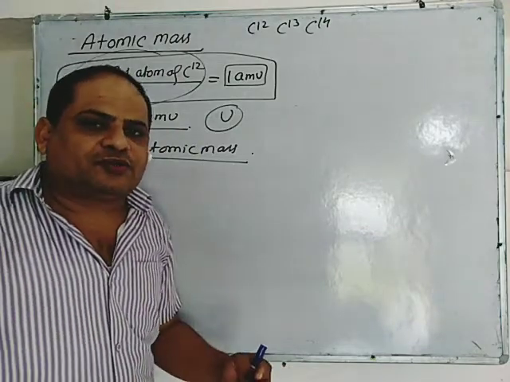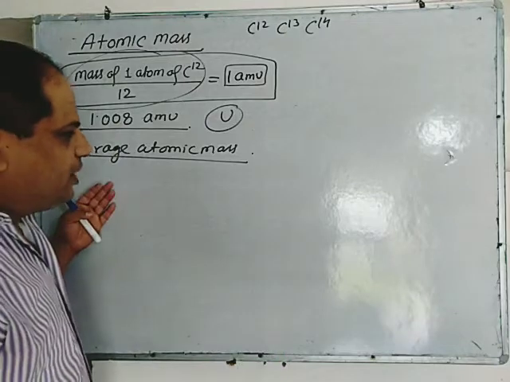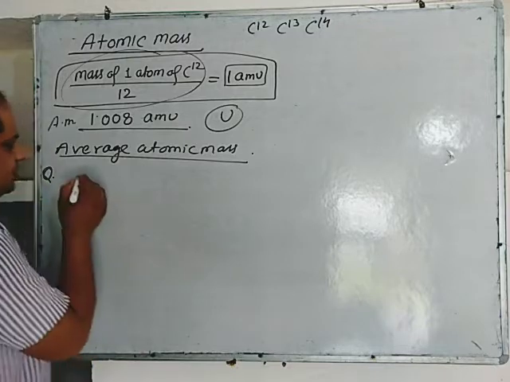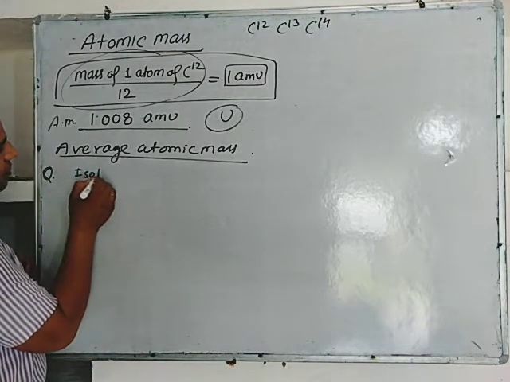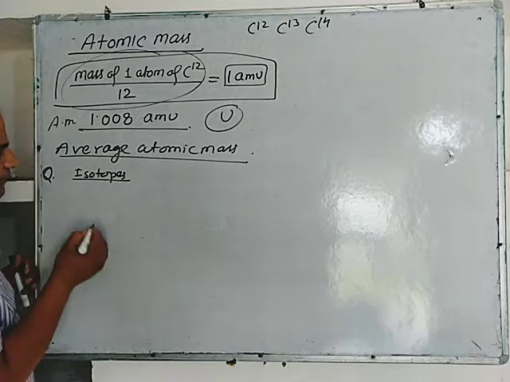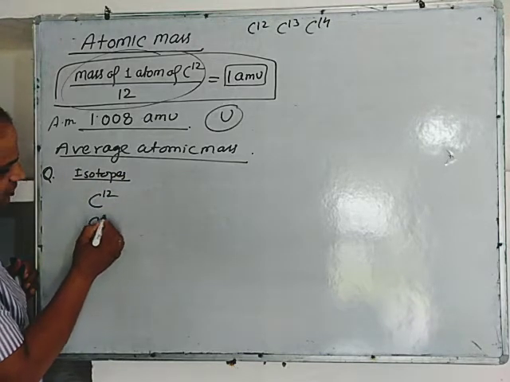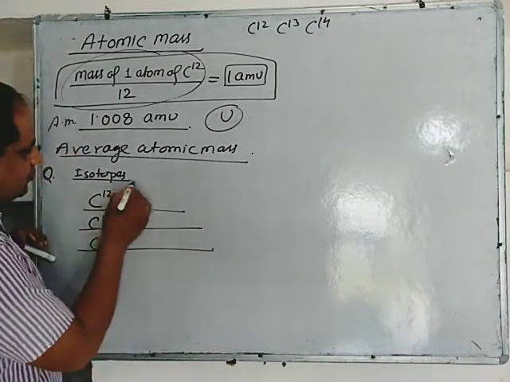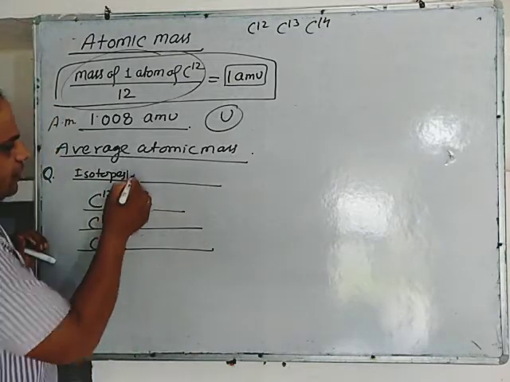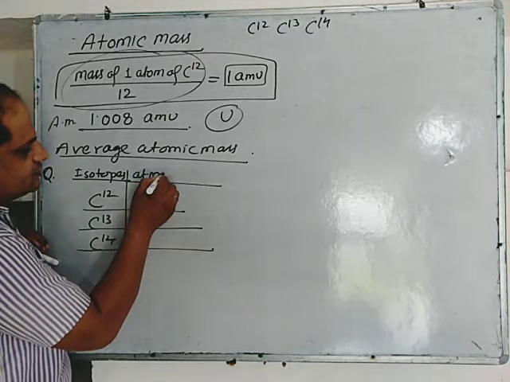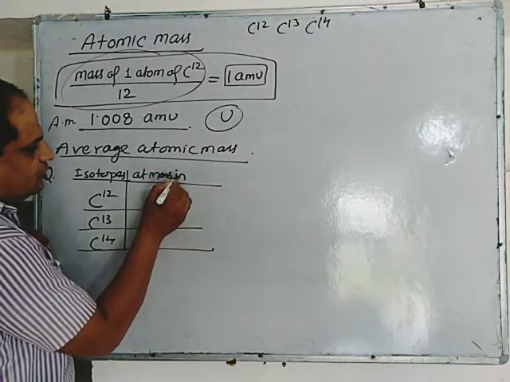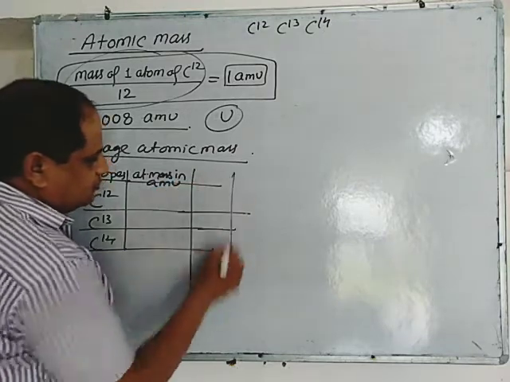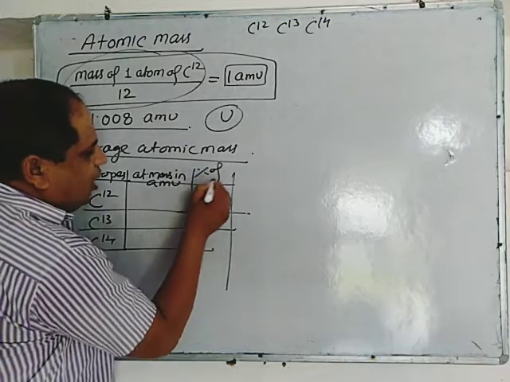This can be understood by taking the example of carbon. The question is: three isotopes of carbon, C12, C13, C14 are there, and their atomic mass in AMU and their percentage of occurrence.